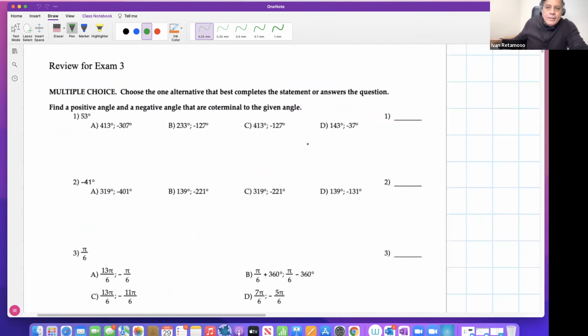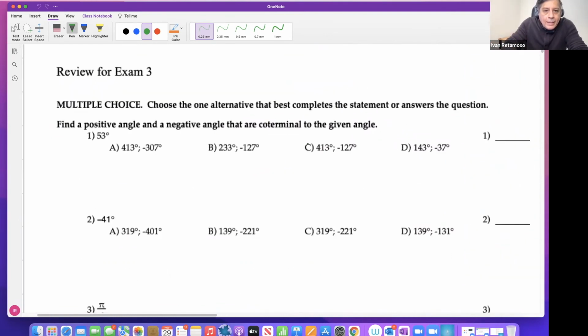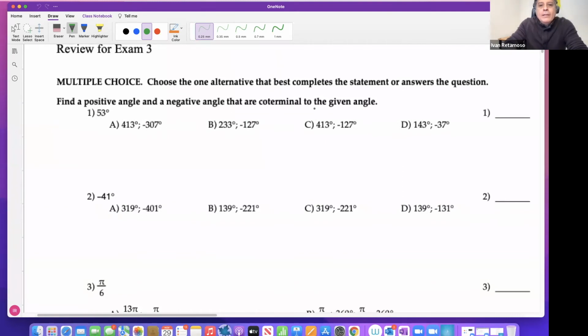Review for exam 3. Find a positive and a negative angle that are coterminal to the given angle 53. So try to do, guys, this first question and tell me if you can figure out the answer. Try to figure out two coterminal angles, one that is positive and one that is negative.